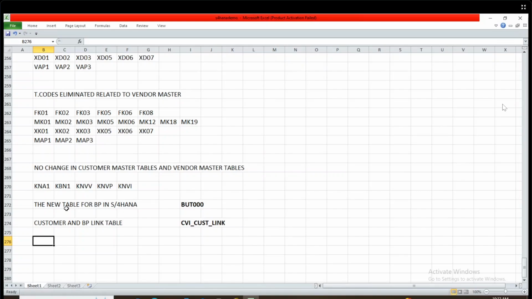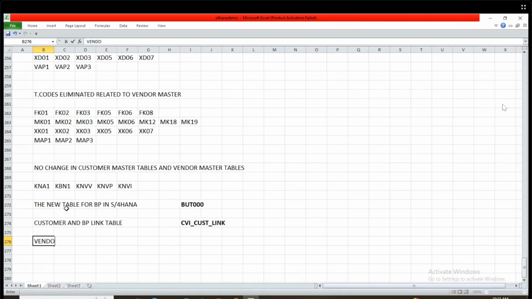When you migrate customers to BP, you may want both numbers the same, or sometimes a different number. If you want to see the link, this is the table. Just take the table names. We will discuss later how to check the links.